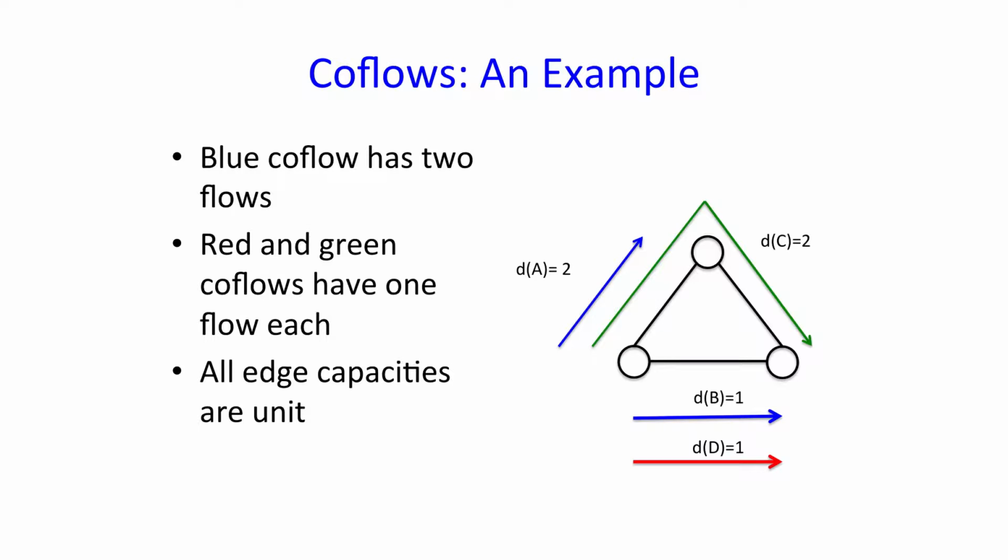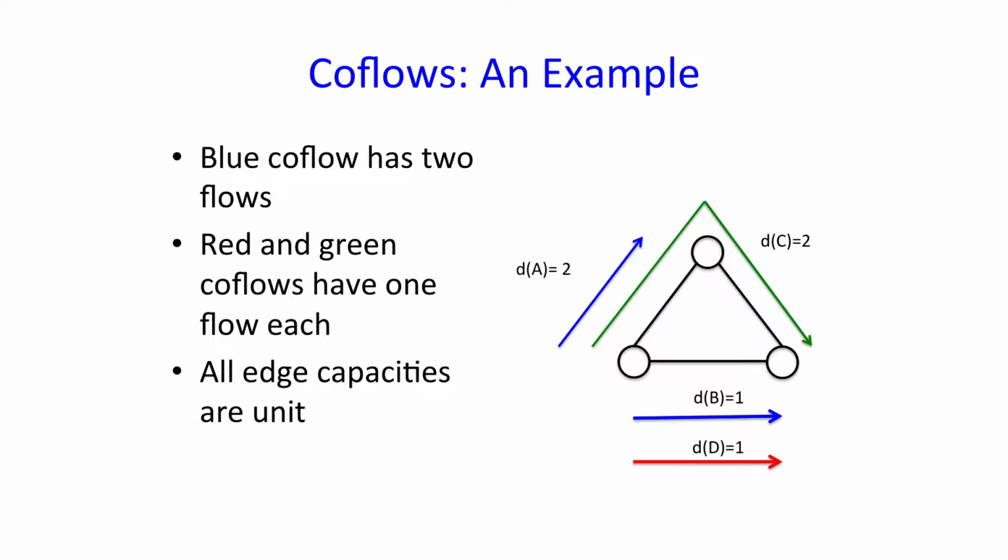So before I go more into the problem, let me just take a simple example. And this will also state one version of the problem that I will focus on for most of this talk. So here is a simple 3-node network. And there are 3 coflows in this. There is a blue coflow consisting of 2 flows. And there is a green coflow going up like that, which consists of only 1 flow, and a red coflow consisting of only 1 flow.